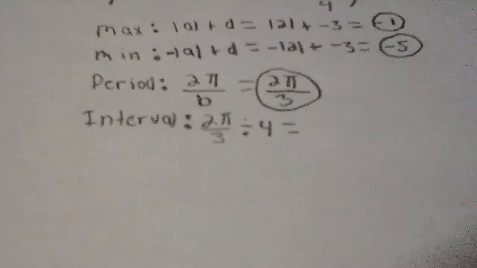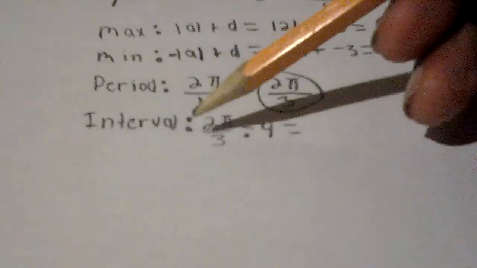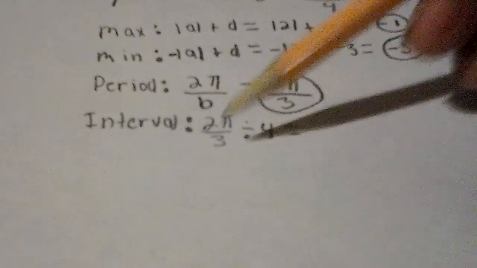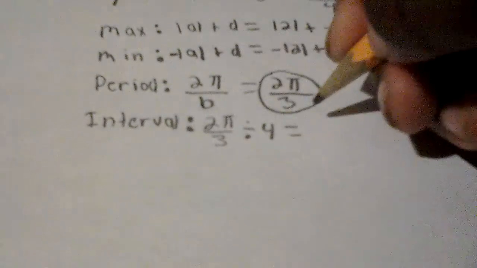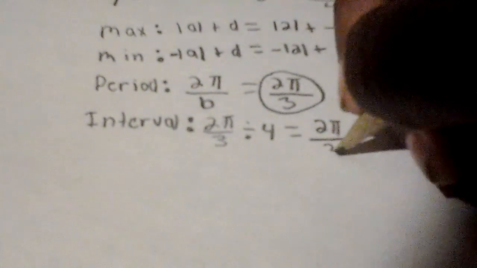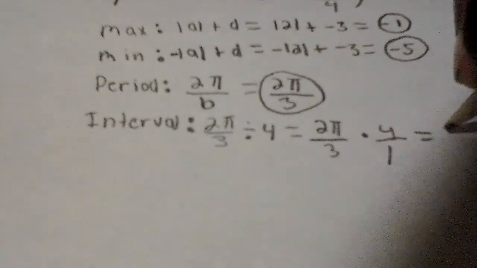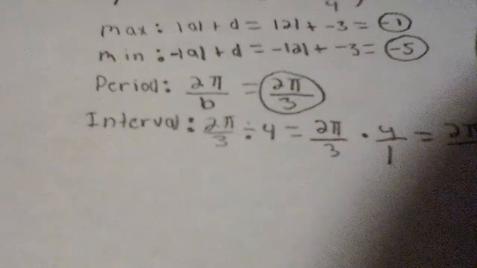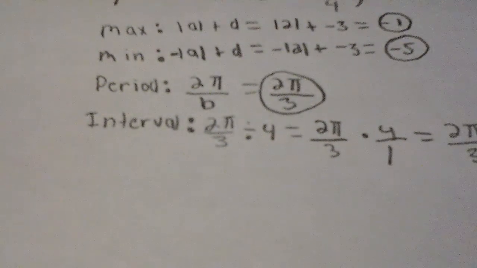Next, I'll find my interval. The formula for interval is 2 pi over 3 divided by 4. My 2 pi over 3 came from my period. Next, I'll do 2 pi over 3 times 4 over 1. But now I will have to switch that to 2 pi over 3 times 1 over 4.